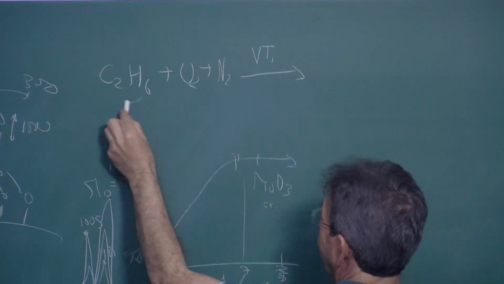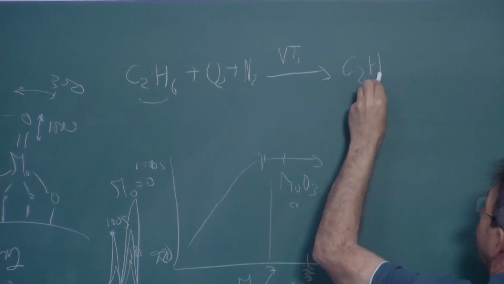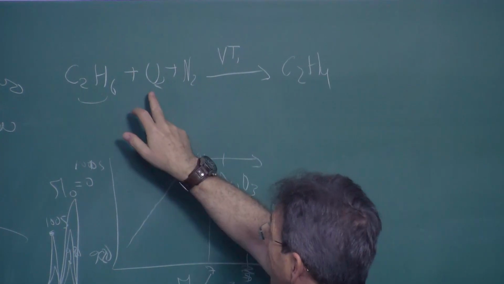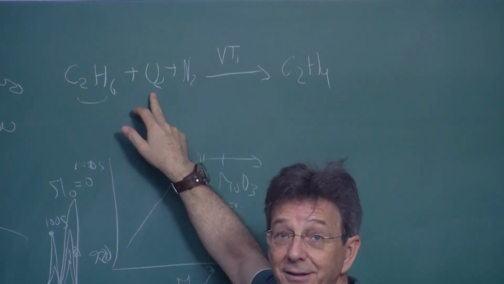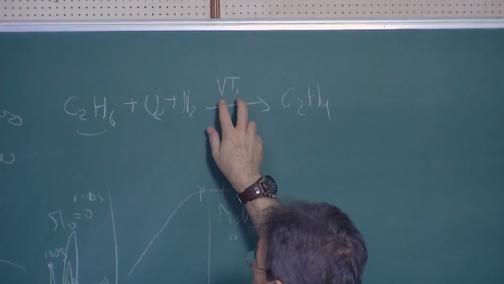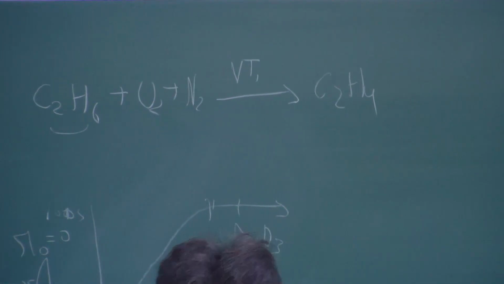So this catalyst reacts with the ethane to make ethylene, and then when the catalyst gets partially reduced because of this, the molecular oxygen regenerates the oxidation state of vanadium. So somehow this catalyst is being reduced and reoxidized continuously because this is a Mars van Krevelen lattice oxygen mechanism.